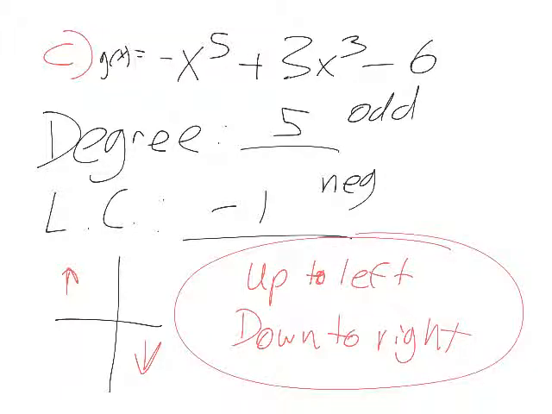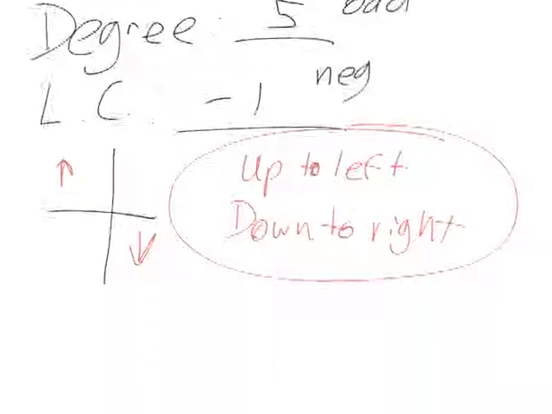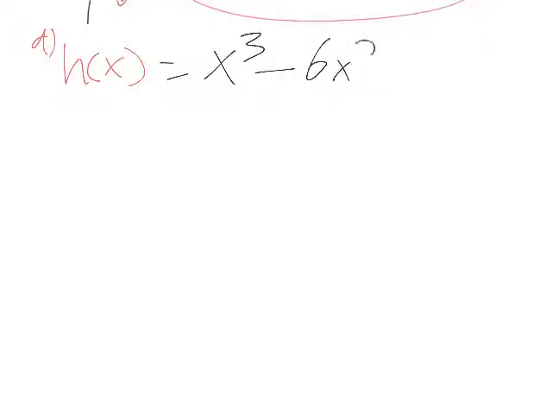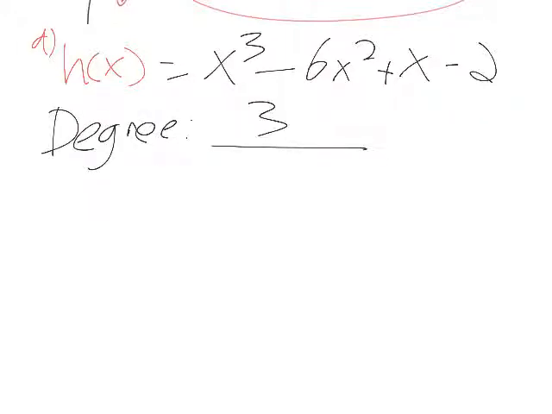All right, one more. This would be D part. We'll say h of x is equal to positive x cubed minus 6x squared plus x minus 2. Degree is 3.